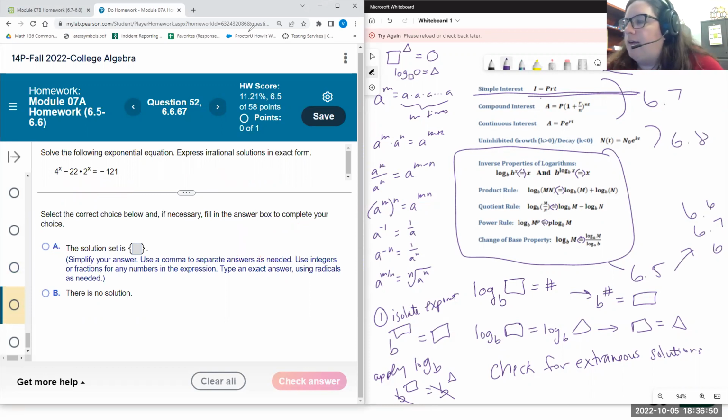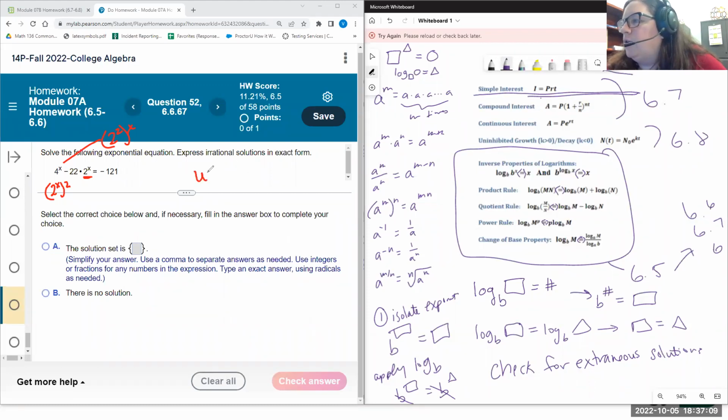So here I have to recognize I have a multiple of 2 to the x, and then I have to recognize 4 to the x is 2 to the x squared. So it's 2 squared to the x, which we had in the previous one, which is 2 to the x squared.